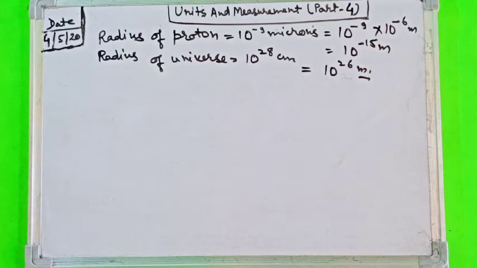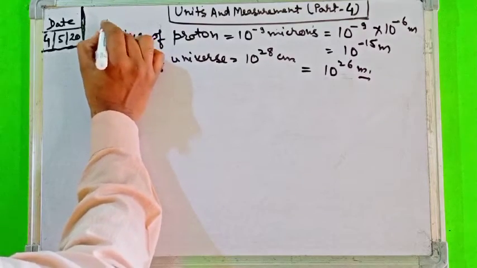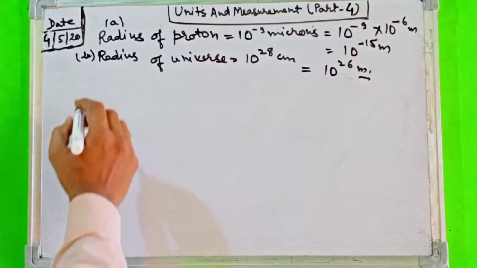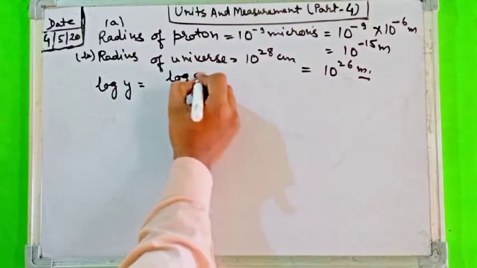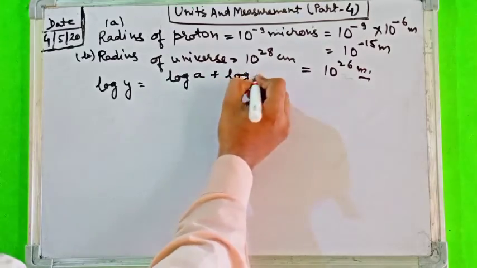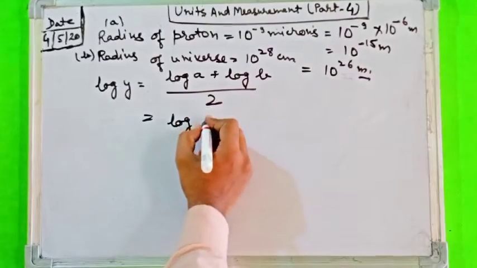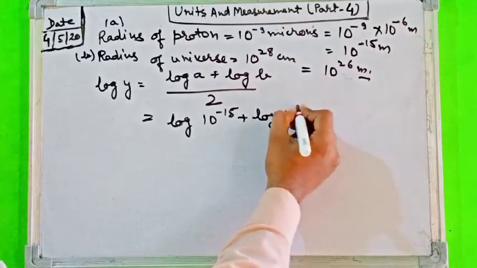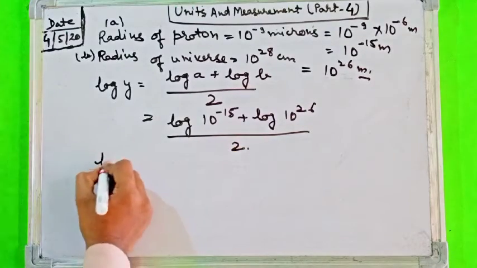Now in the question it is given, halfway between these two on a logarithmic scale. Suppose this radius is A and this radius is B. Then log y is equal to (log base 10 A plus log base 10 B) divided by 2, and it can be written as (log 10 to the power minus 15 plus log 10 to the power 26) divided by 2.